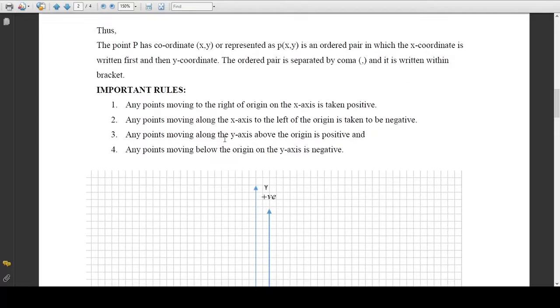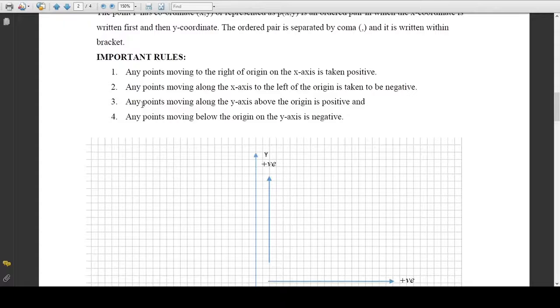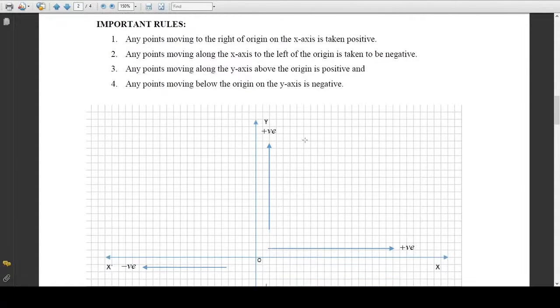Clear? Now, the important rule in this coordinate system: any point moving to the right of the origin on the axis is taken as positive. If you move from the origin to the right on the x-axis, that will be counted positive.